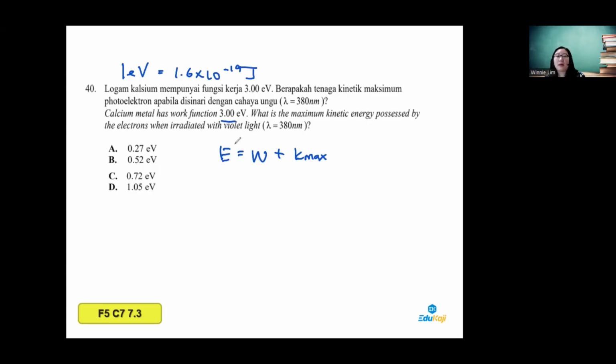Those equations shown here, you can change their form. For energy, sometimes you can change it to hf, like K max can be half mv squared, or this one can be hf naught, depending on the scenario. If they give you the wavelength, you can further change this.